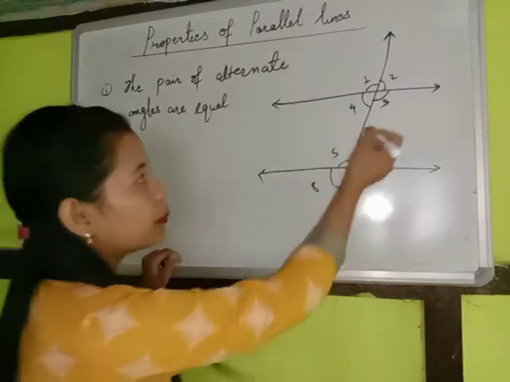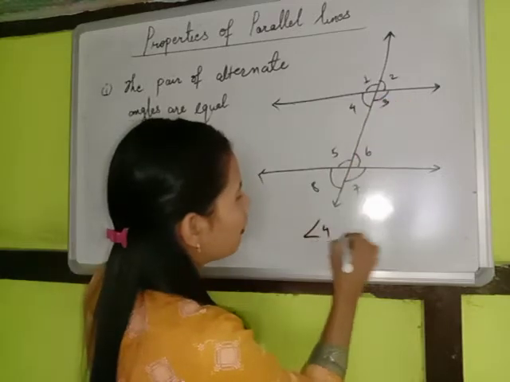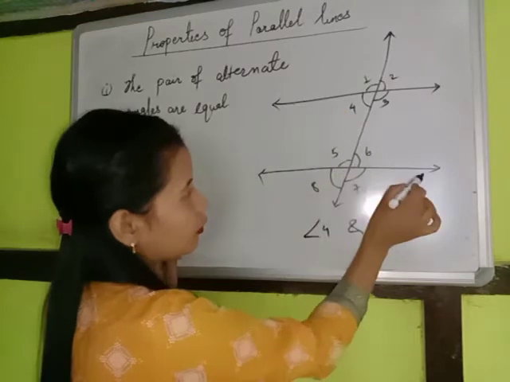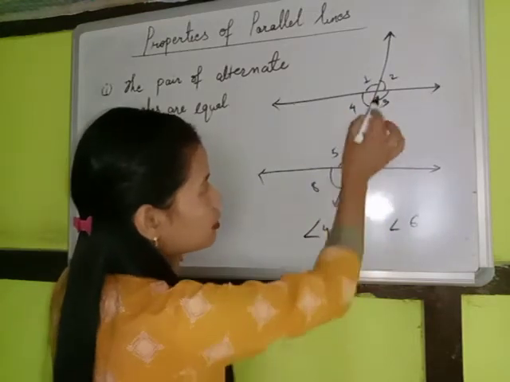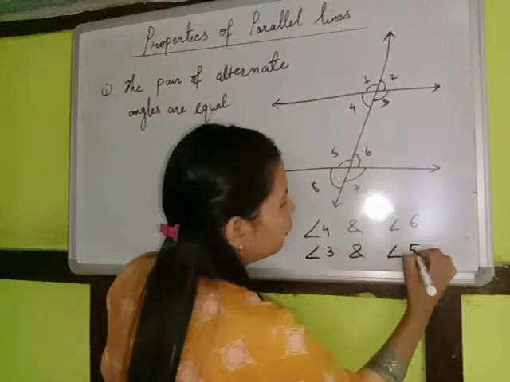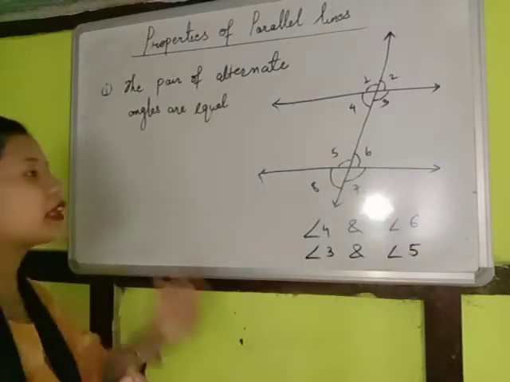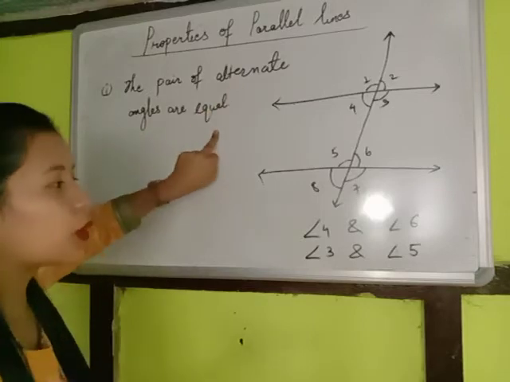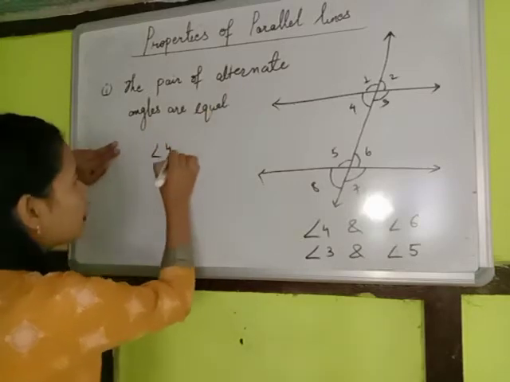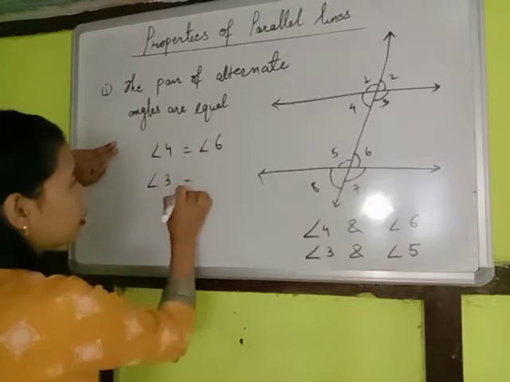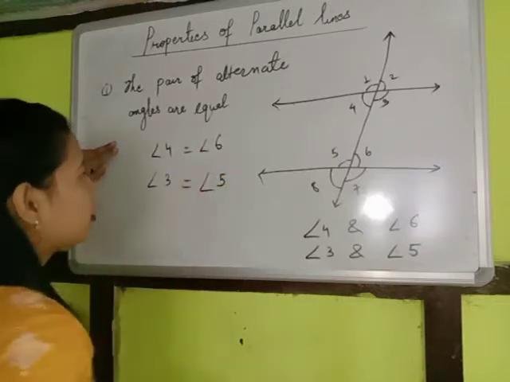Here the pair of alternate angles are angle 4 and 6. Yes, here is the Z symbol and the reverse Z is here. So the other pair of alternate angles are angle 3 and angle 5. The first property tells us that the pair of alternate angles are equal, meaning angle 4 will be equal to angle 6 and angle 3 will be equal to angle 5.